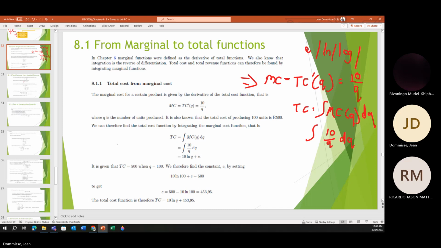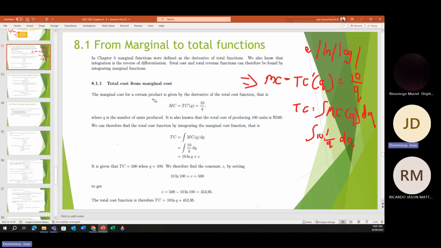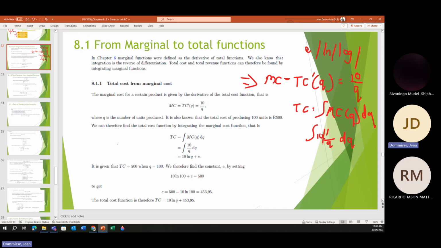So again, look at that. To make it easier to see, you could have said 10 times 1 over Q, and that is just sometimes easier to see. So 10 times 1 over Q, so that you can see the integral of 1 over Q is ln of Q.